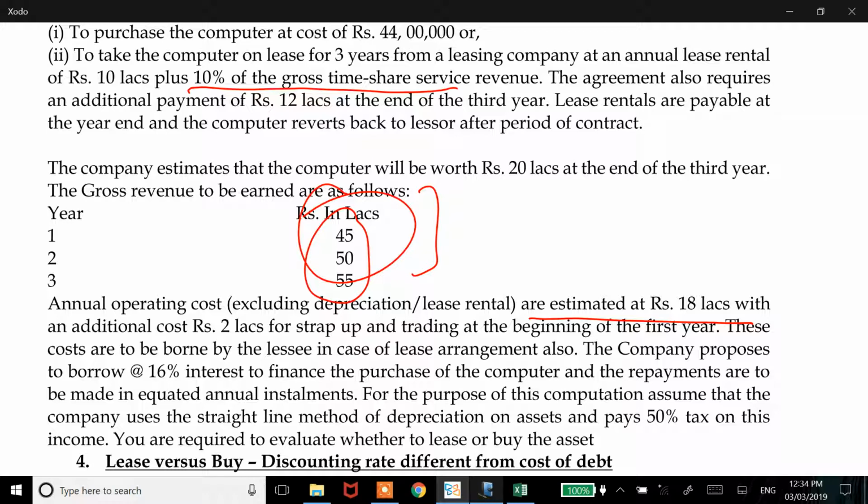Next point. The discount rate and the after tax cost of debt is same.